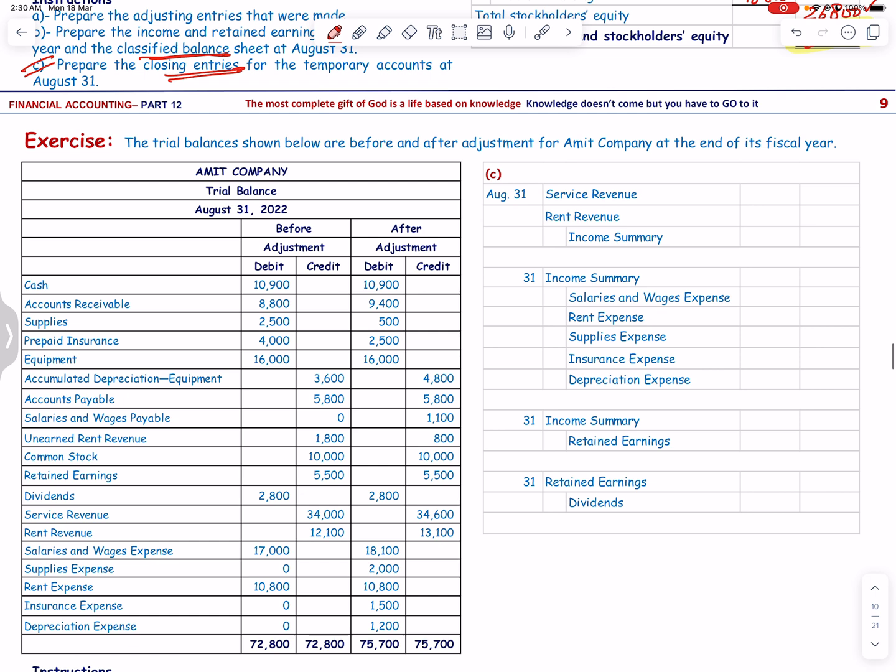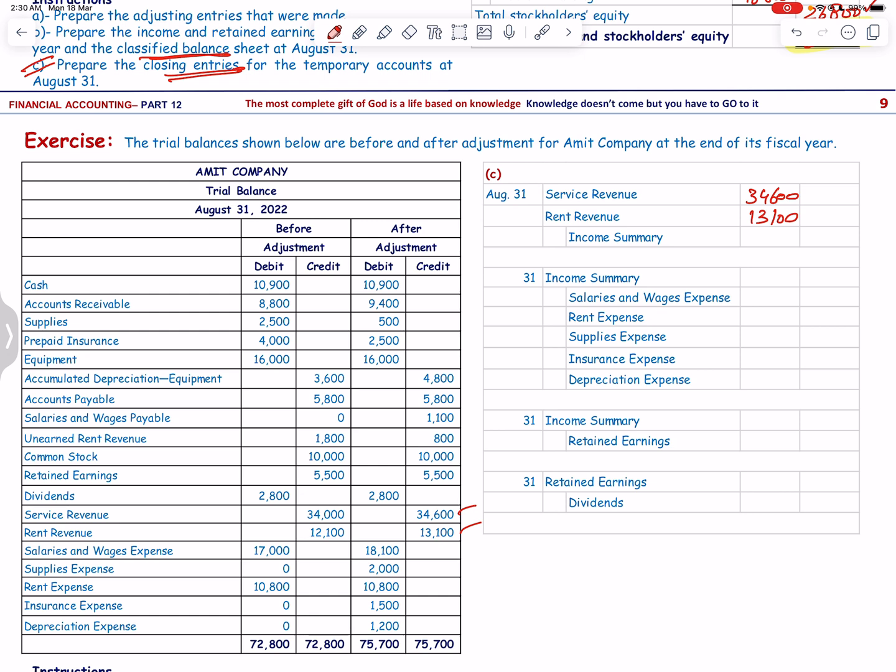We start first of all with the revenue, and you can see we will be closing the revenue of 34,600 and 13,100. And when we close, revenue is debit, and income summary will be credit by the total of this revenue, that is 47,700.